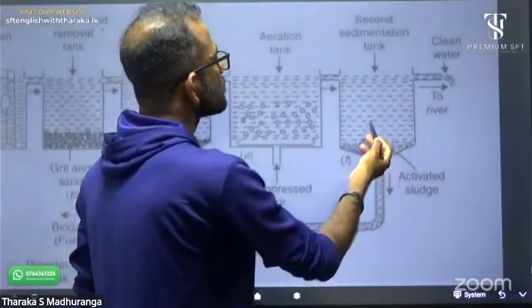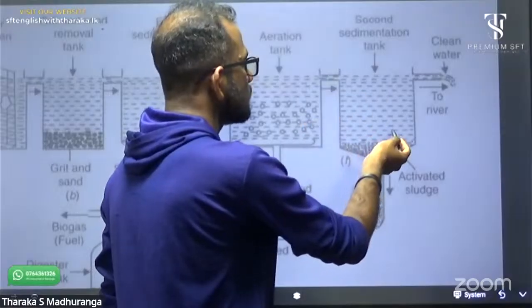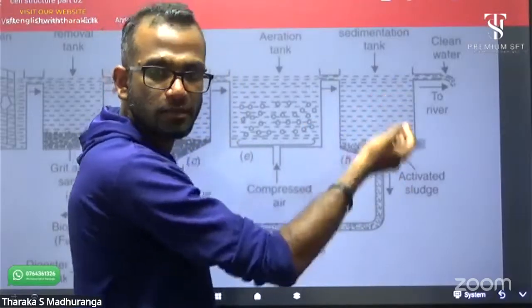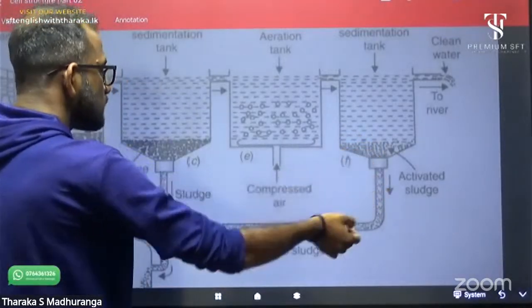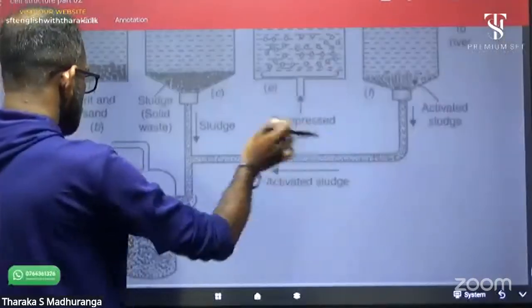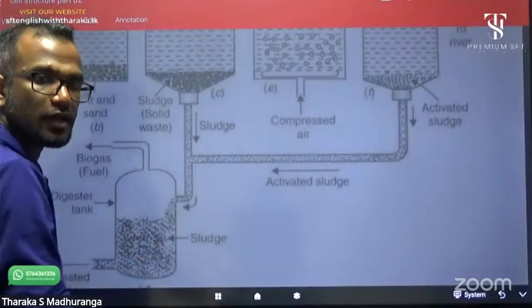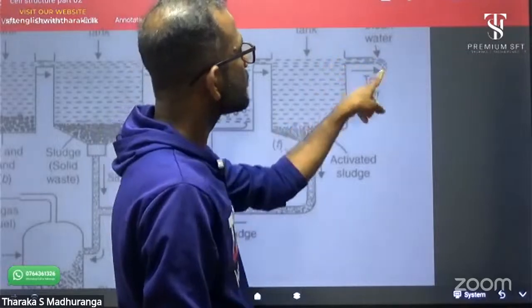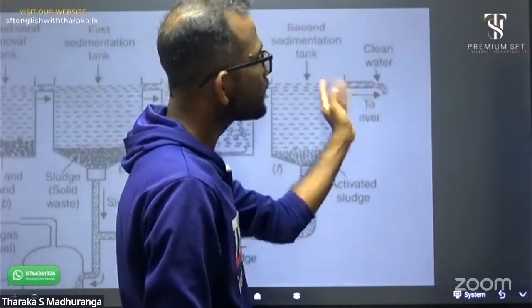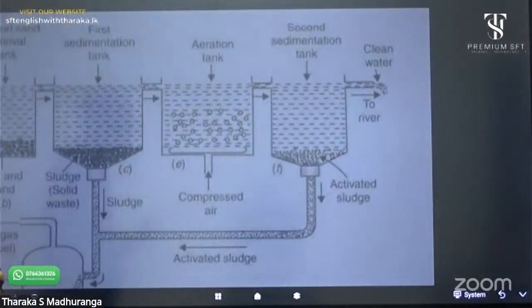This is the secondary sedimentation tank. After this bacterial activation, again sludge precipitation. Okay, the sludge precipitated in each step is collected into this sludge digestion tank, and it's an anaerobic digestion. After this secondary treatment, we can add chemicals and dispose to the environment after tertiary treatment. Okay, this is a simple story of wastewater treatment.